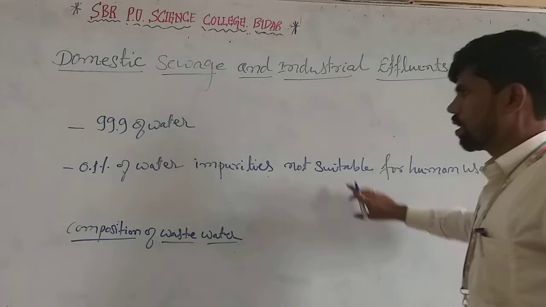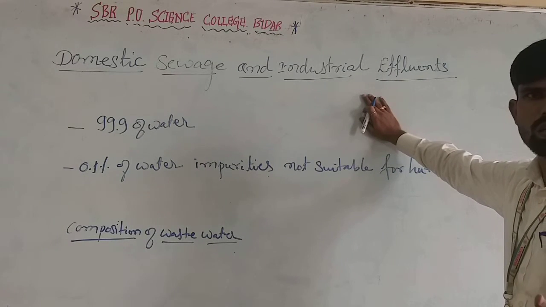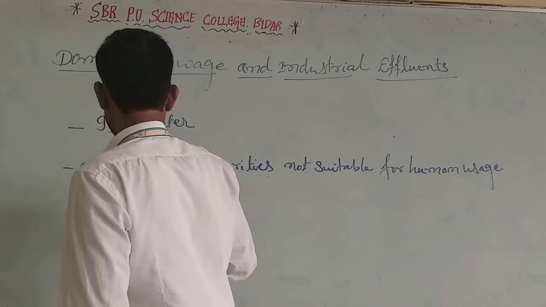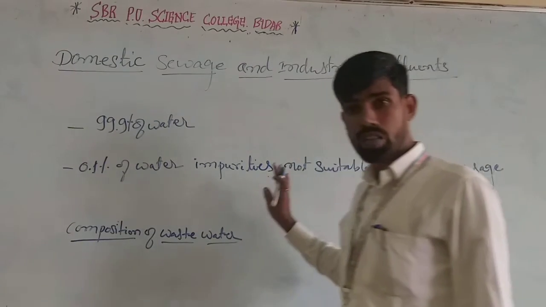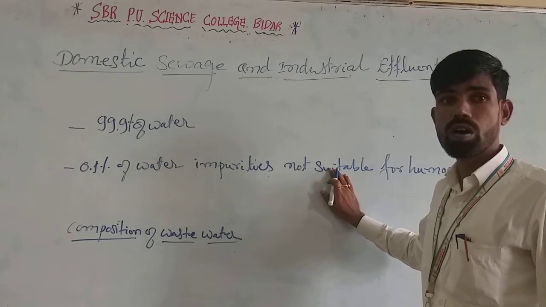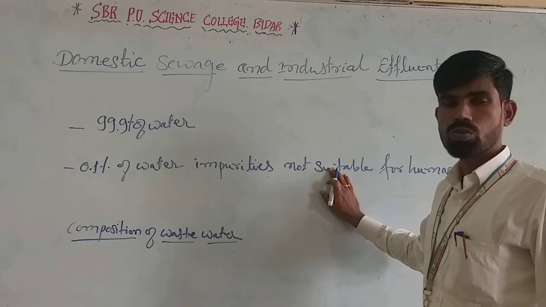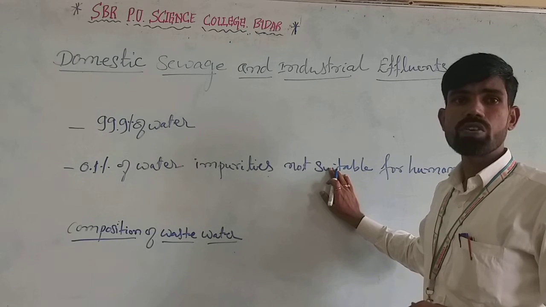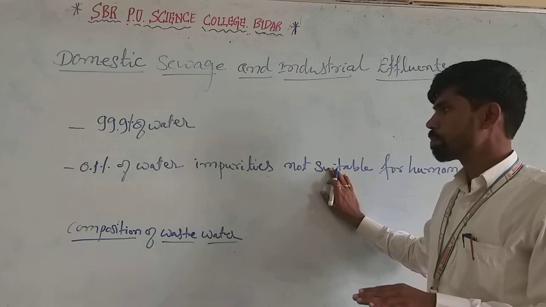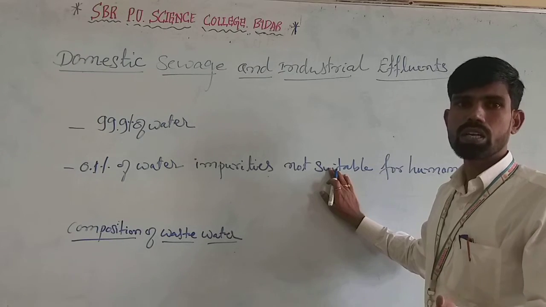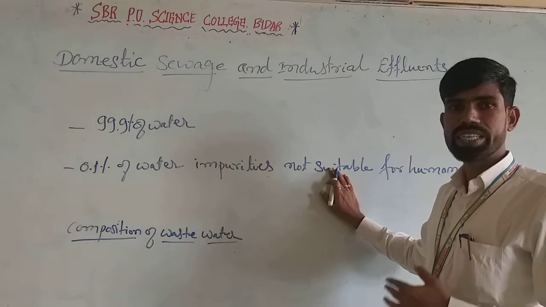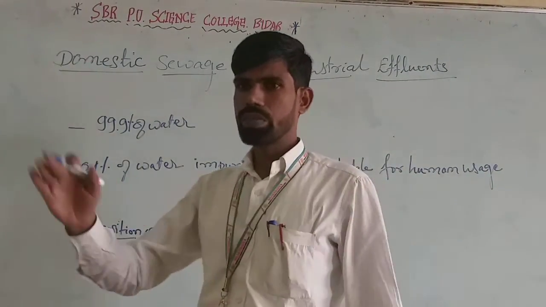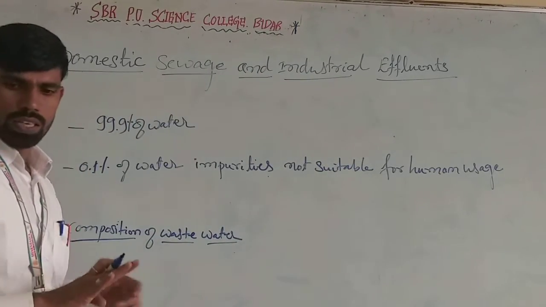See here, how sewage is formed, we know. So in that 99.9% of water, if the 0.1% is polluted, it is not suitable for human usage. So whatever pollution is occurring, we take precautions beforehand. Before releasing it into the river, first of all you have to treat the water, then you supply that water to the streams, rivers, etc. So that has to be done beforehand.